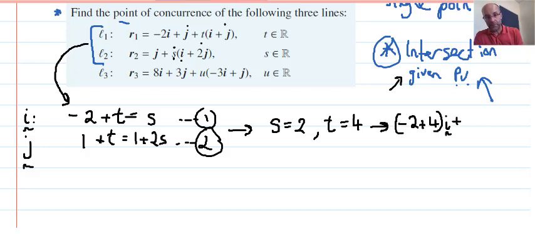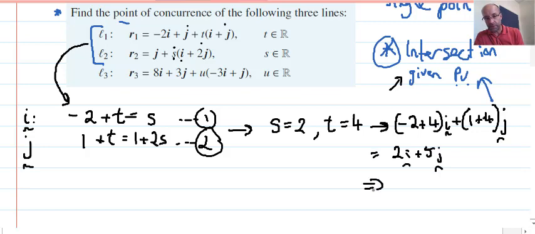So subbing in, we've got -2 plus 4 i, and for j we have 1 plus 4, which is 5 j. Let's tidy that up: that is 2i plus 5j. So that suggests that the point of intersection, because it's got a position vector 2i plus 5j, is the point (2, 5).